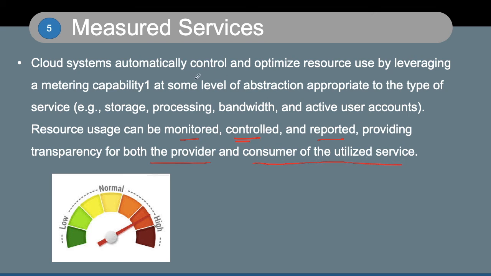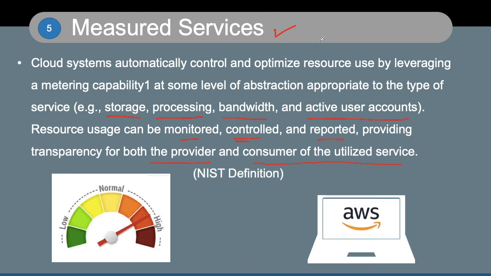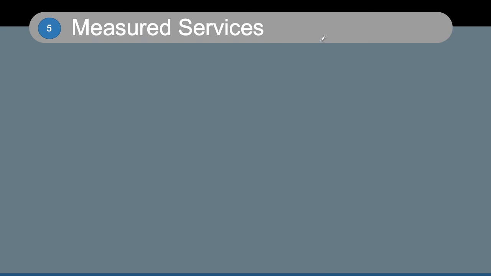Usage can be monitored in terms of the storage you are using, the processing you are using, the bandwidth requirements, and also the active user accounts, and there can be n number of other parameters which can be used for measured services, and you pay only for the services that are being used. Now this is the NIST definition.